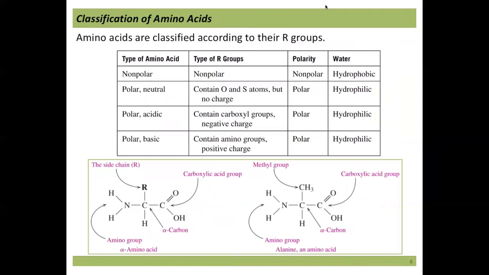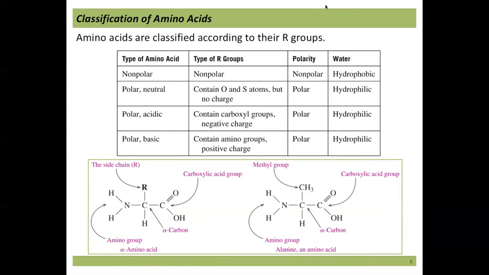So we can classify the amino acids based on their side chain nature. If you haven't figured out, all amino acids contain an amino group and a carboxylic acid group. They are connected to the same carbon, referred to as the alpha carbon, and then they have a side chain. This side chain is referred to as R, or sometimes a residue.